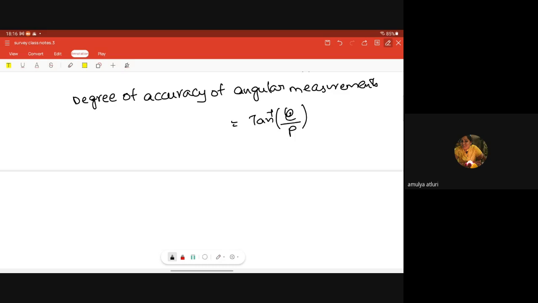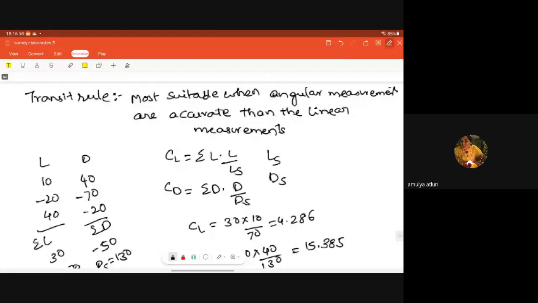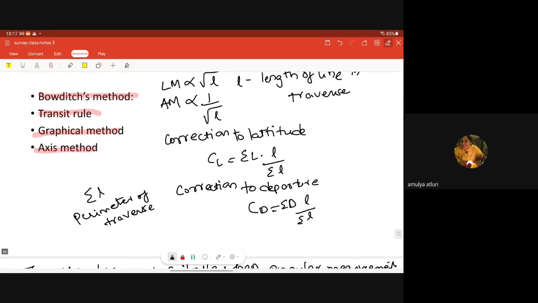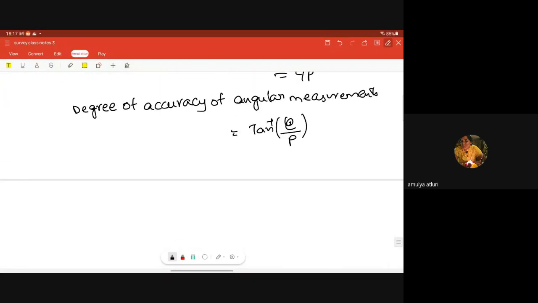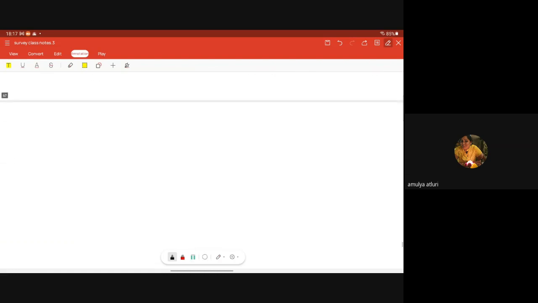So these are the traversing things, balancing the traverse, how do we traverse using theodolite and all. Next, omitted measurements. Few measurements are omitted. So how do we calculate those measurements? So let's consider A to B, C, D, E. I know AB, BC, CD, DE, but I want to calculate AE.